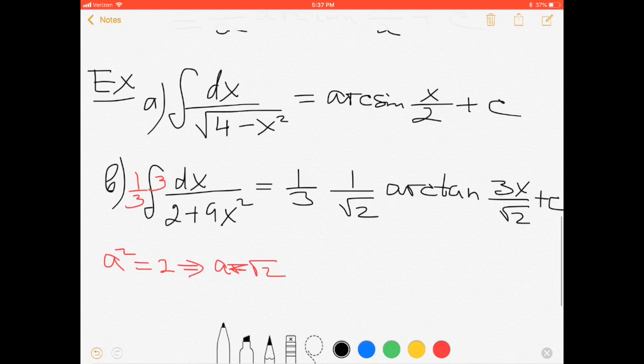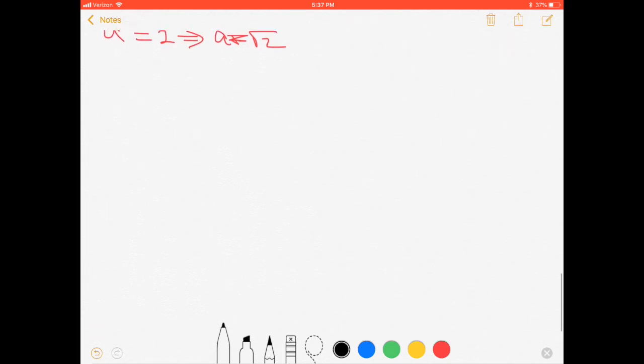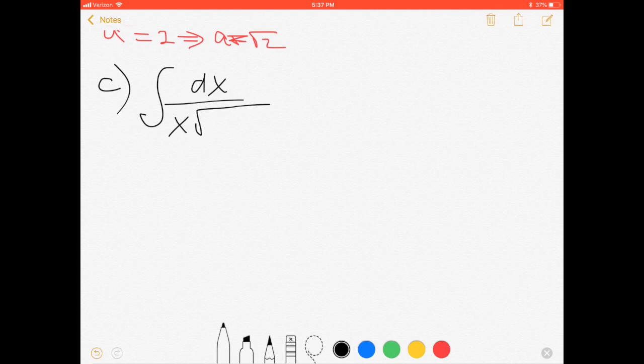Maybe I skipped a couple of steps. Okay, number C, I'll try doing it more step by step. It will be more clear. Here we have dx over x square root 4x squared minus 9. Looks like we use formula number 3 here, but what we have, u squared is 4x squared.